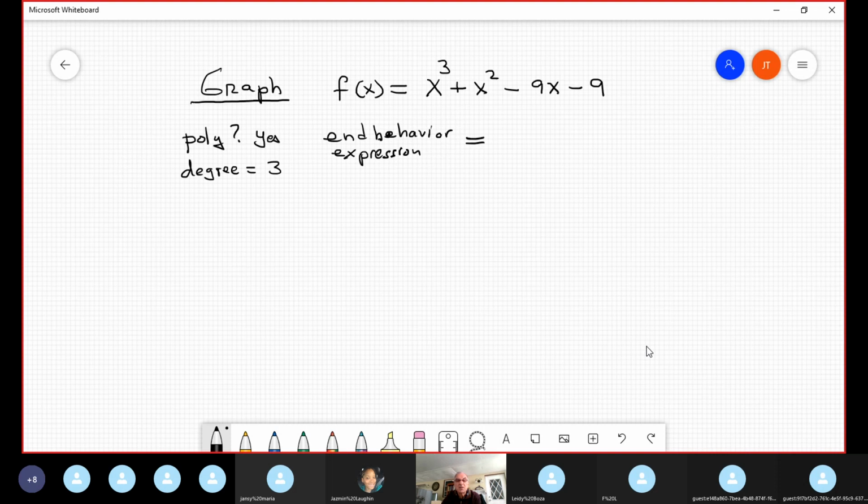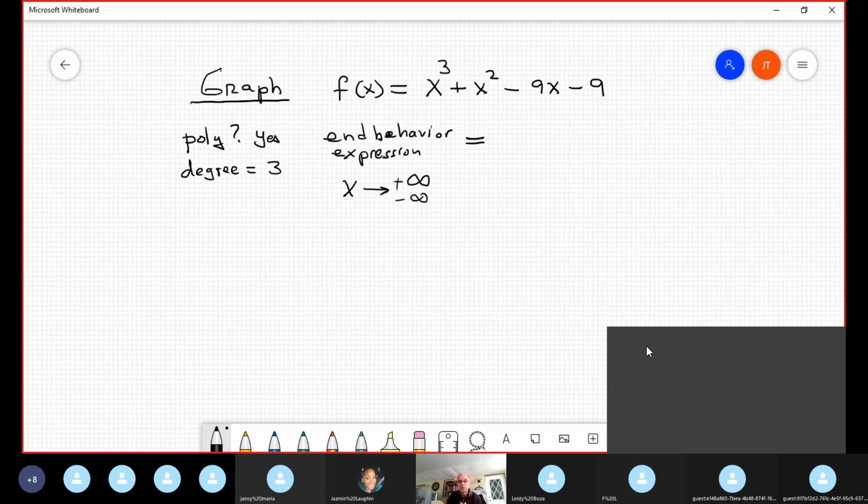What is the dominant term? Remember, end behavior is under the supposition that x is infinity positive or infinity negative. It's a huge number. 1 million, 2 million, 1 trillion. X cubed, excellent. X cubed is the end behavior expression.